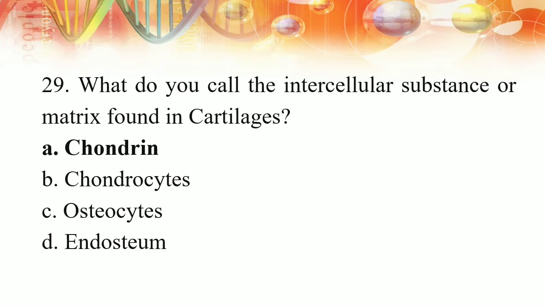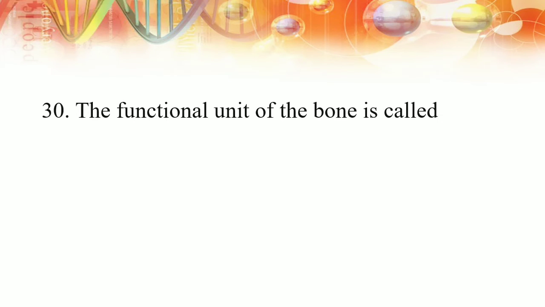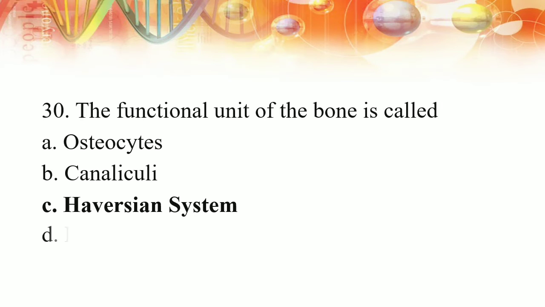Number 30. The functional unit of the bone is called A. Osteocytes, B. Canaliculi, C. Haversian system, D. Periosteum. Osteocyte is a cell that lies within the substance of fully formed bone. Canaliculi is a small canal or duct or passageway in the body.